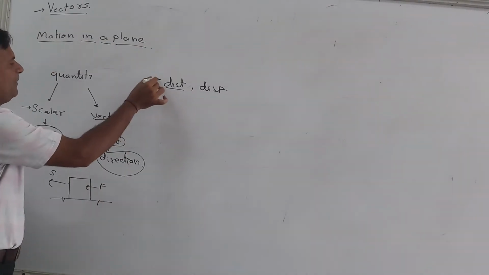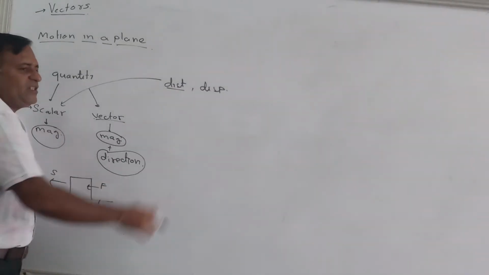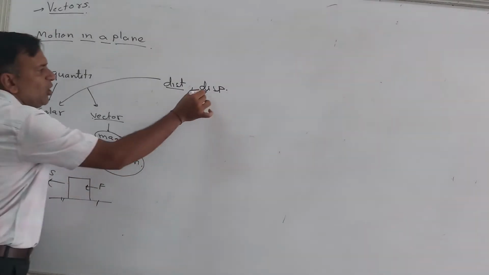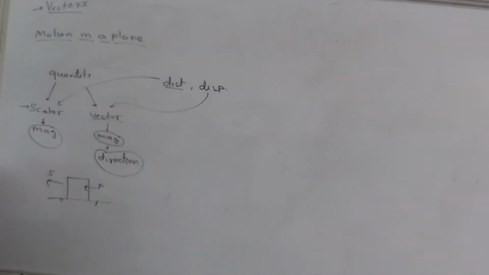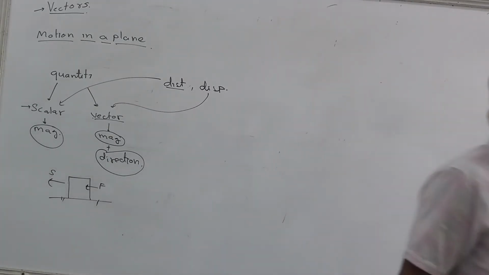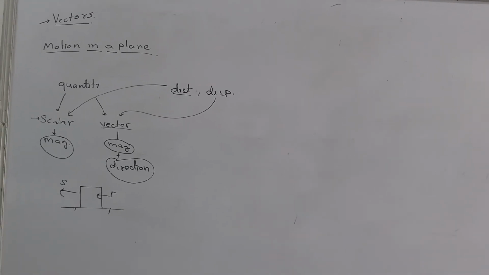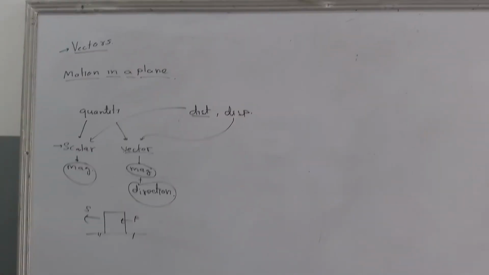So distance becomes a scalar quantity. In displacement, both the magnitude and direction are required. So displacement becomes a vector quantity. So the quantities which are expressed by the use of directions, that means they have magnitude as well as directions, those quantities are said to be vector quantities.